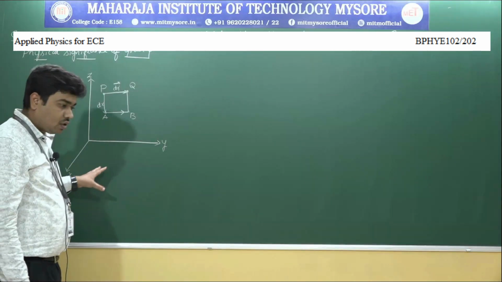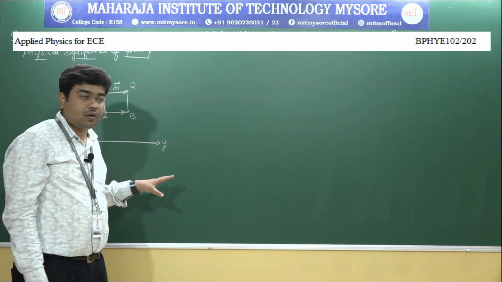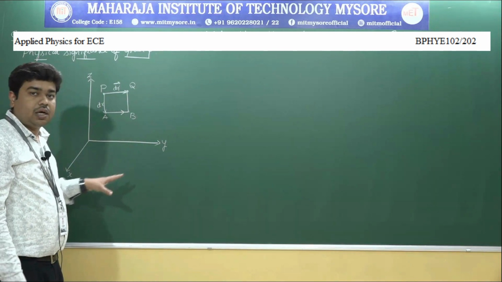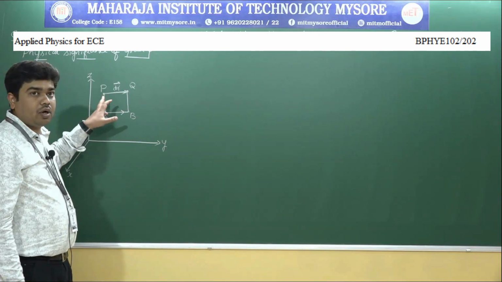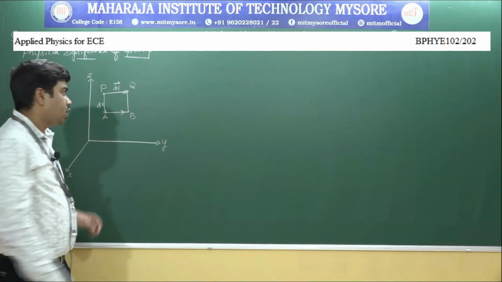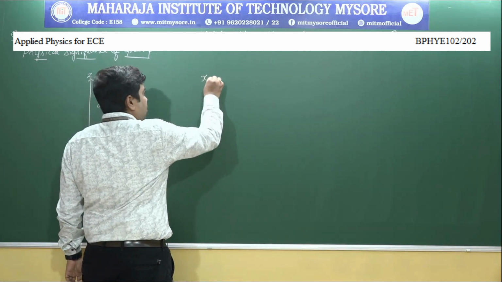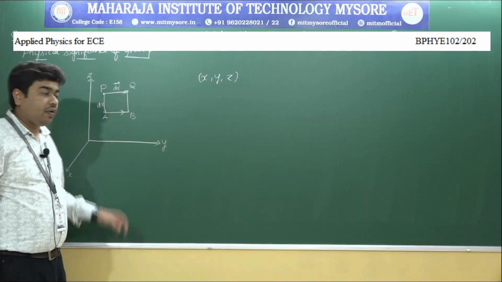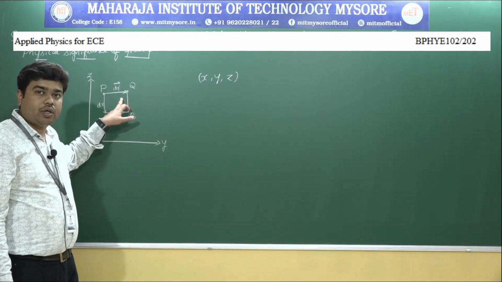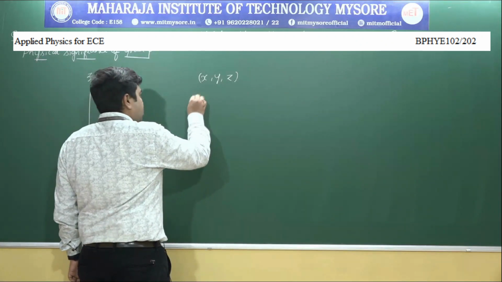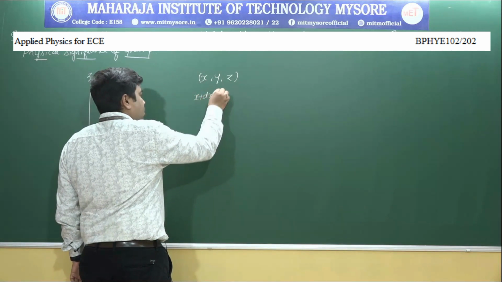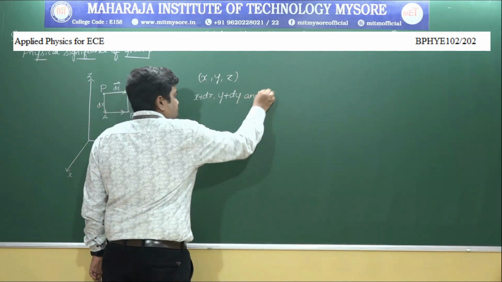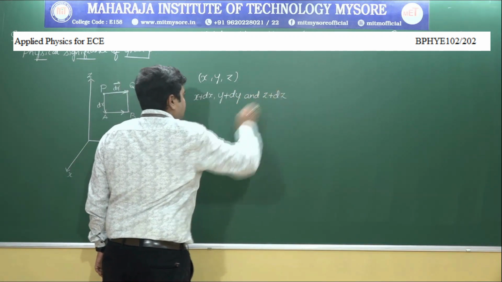Now, in order to find out the physical significance of the gradient of a scalar function phi, let us consider a three-dimensional space, and in the three-dimensional space let us consider a point P with the position coordinates x, y, z, and very near to it let us consider another point Q with the position coordinates x plus dx, y plus dy and z plus dz.